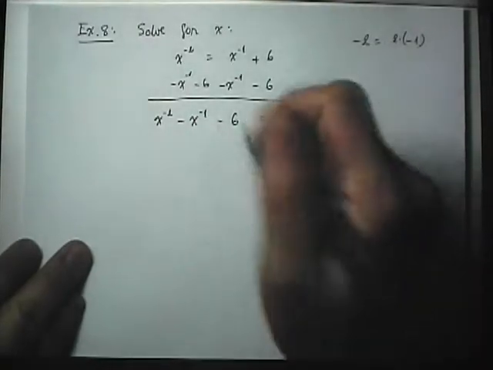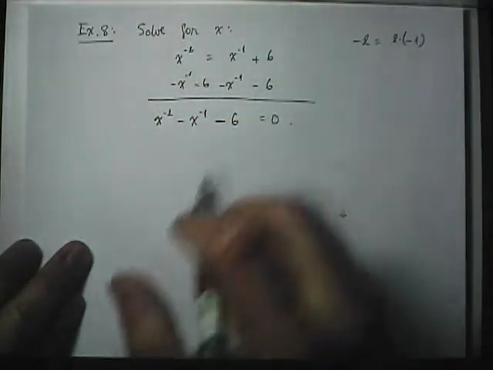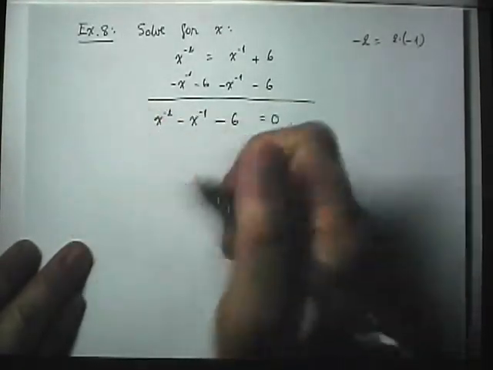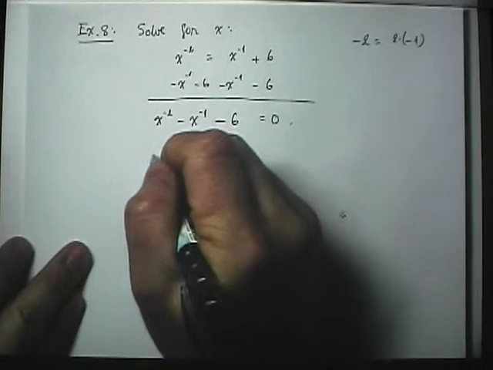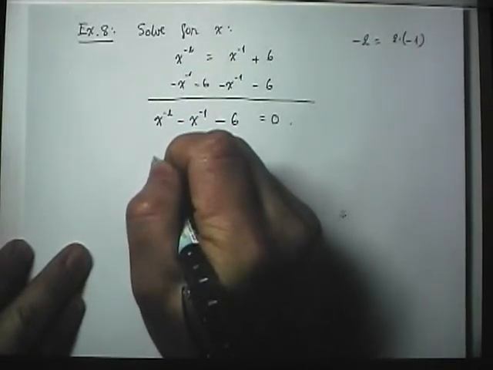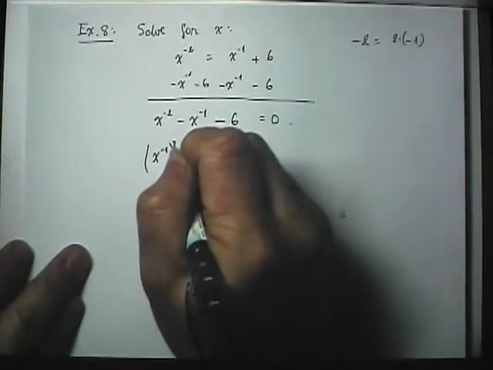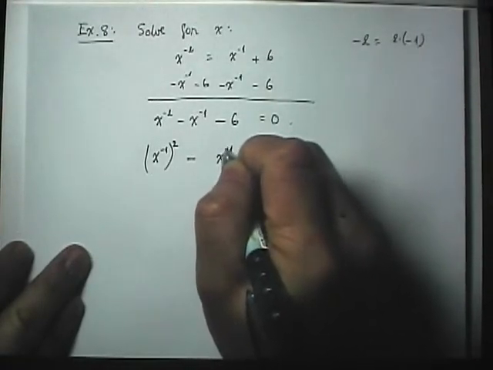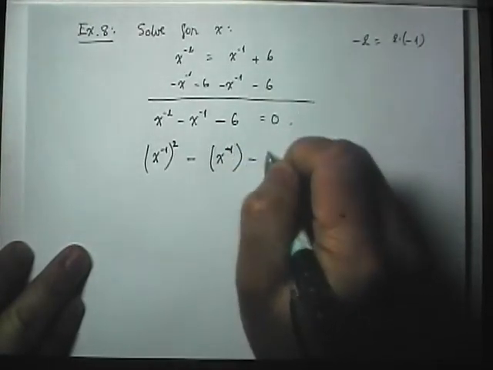And so if you want to rewrite the equation in a more quadratic-like form, here's what it is. The first term, x to the negative 2 power, you can write as x to the negative 1 squared, minus x to the negative 1 power, and minus 6 equals 0.